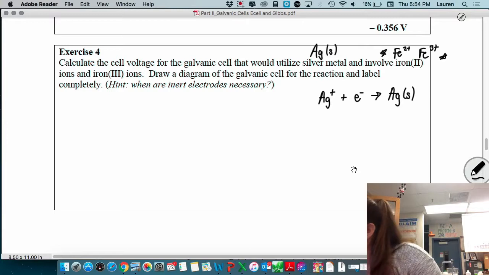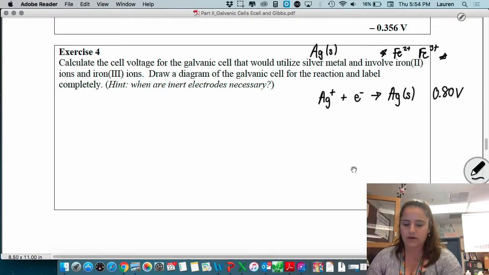The standard reduction potential for that one is 0.80 volts. Now let's find one involving Fe2 plus and Fe3 plus. Nope, there's Fe to Fe solid, which is definitely a possibility, but we want both of these ions involved. So we want the Fe2 plus to Fe3 plus.